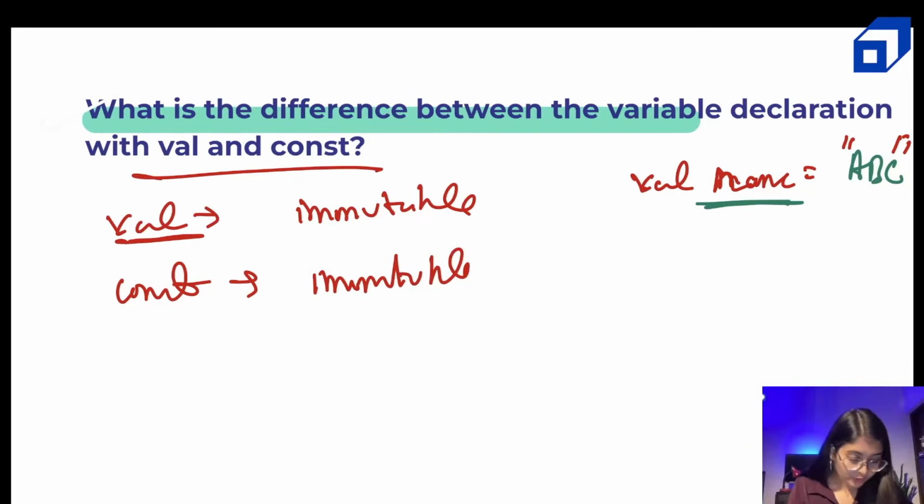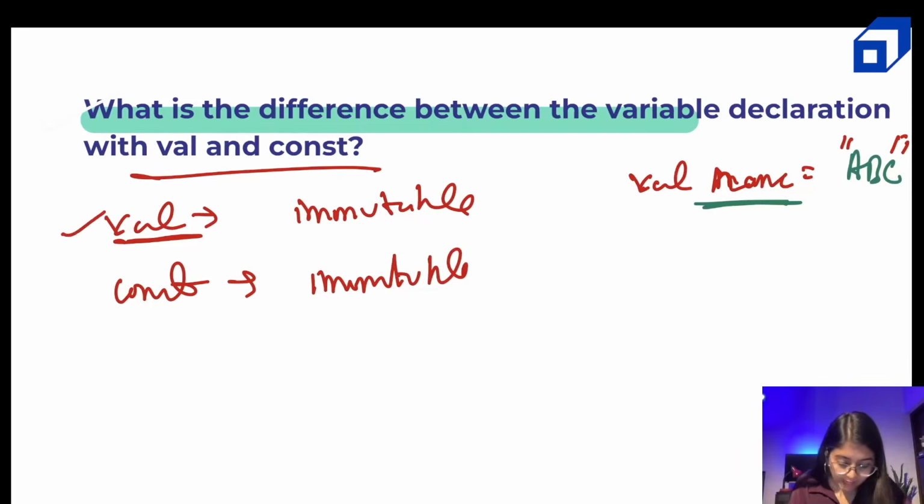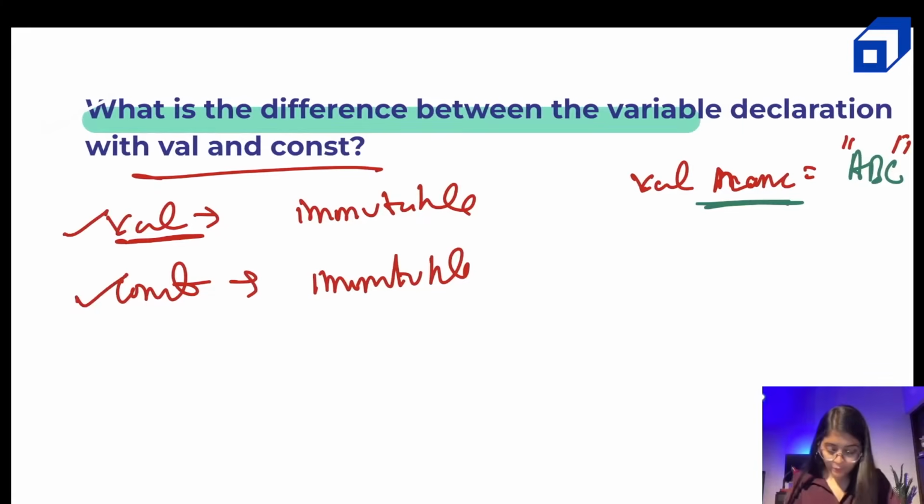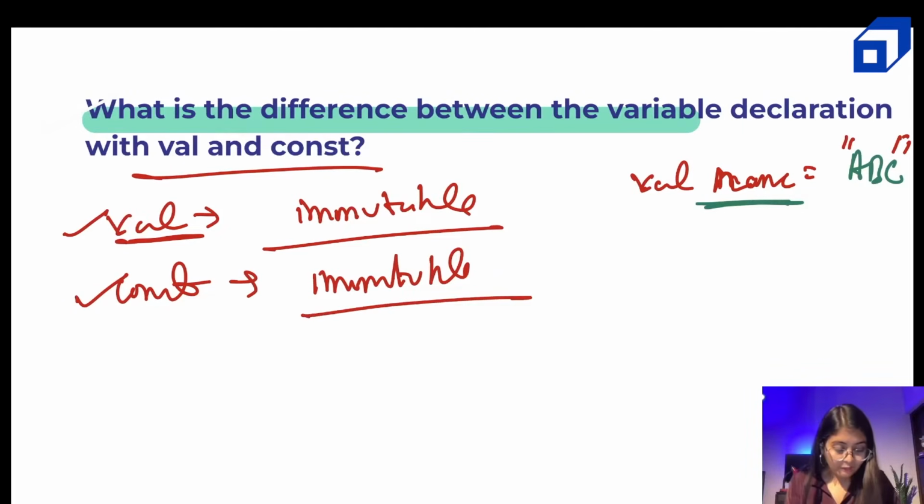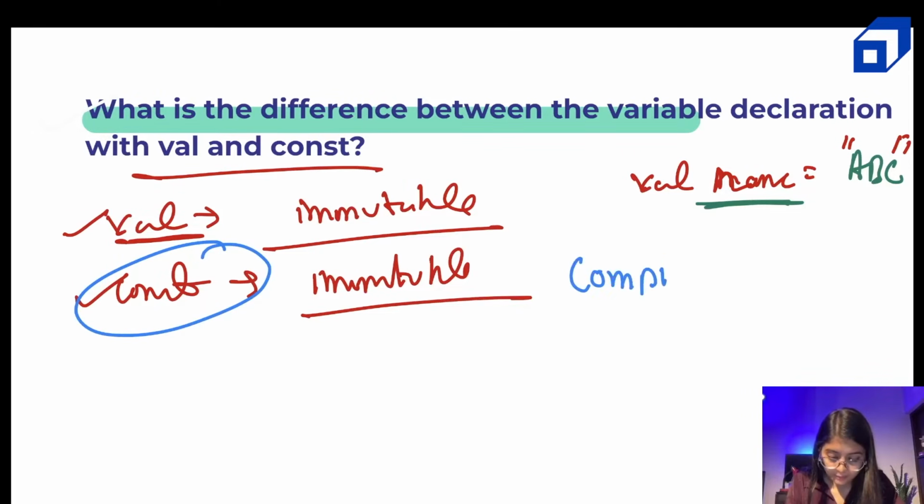So let me tell you, both the variables declared with val and const are immutable in nature. But the value of the const variable must be known at compile time, whereas the value of the val variable can be assigned at runtime also.